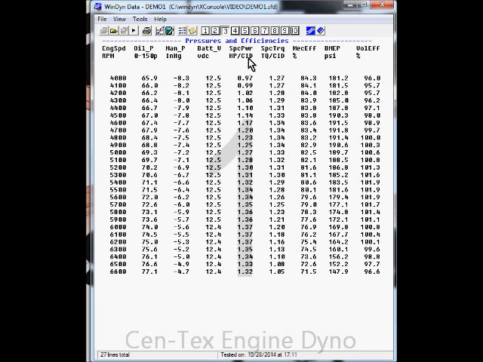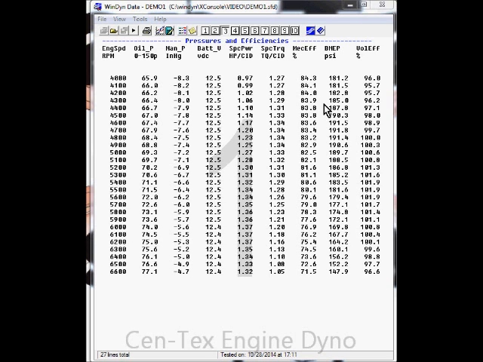Specific power, horsepower per cubic inch. Again, a calculated value, the size of the engine divided by the horsepower. For a race engine, actually bigger is better, you know. Same with the torque. And the mechanical efficiency. Mechanical efficiency is a calculated value.